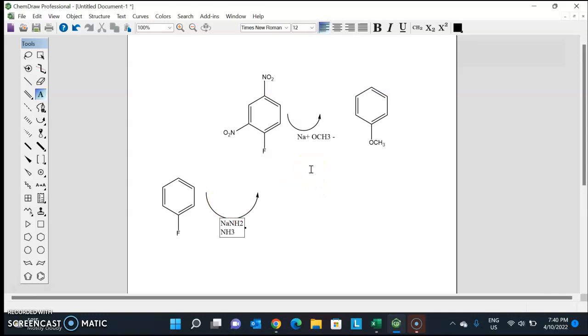The thing we're going to be adding is actually the NH2. This reaction proceeds by removing a beta hydrogen next to the aryl halide.